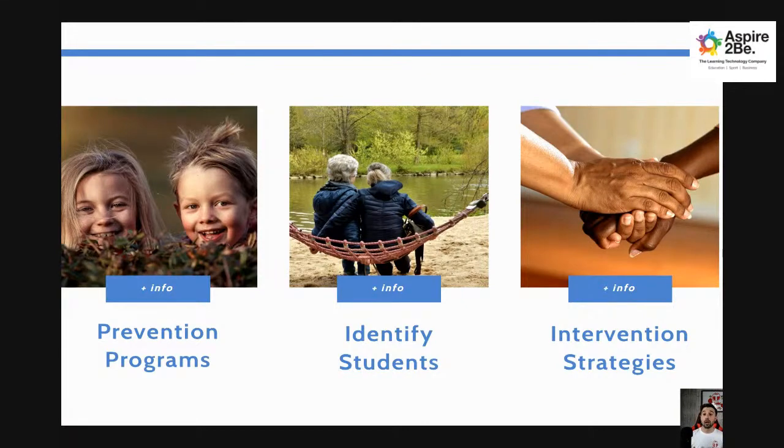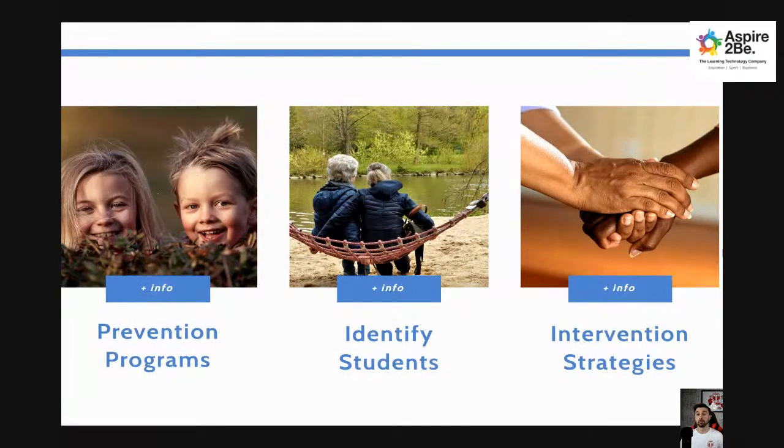Okay, moving on. When we talk about social emotional learning, we always focus on 3 areas: prevention programs, identifying students, and intervention strategies. We're going to talk about all of this during this presentation, and there are 3 buttons with more information.